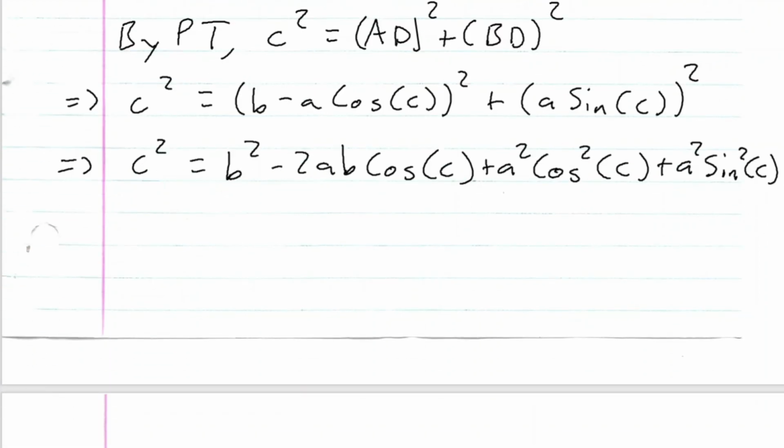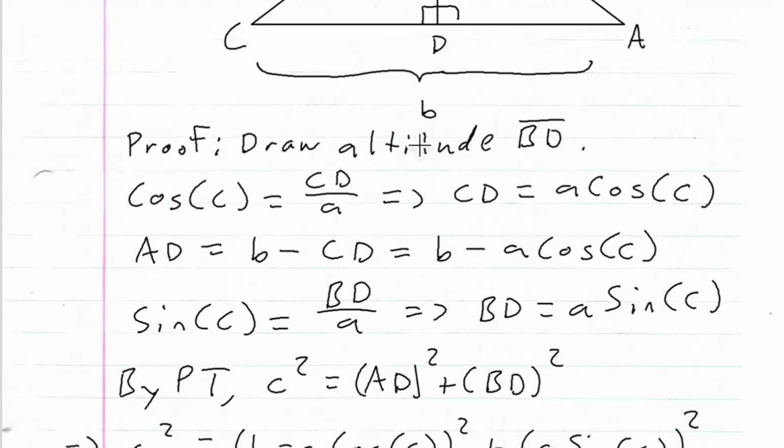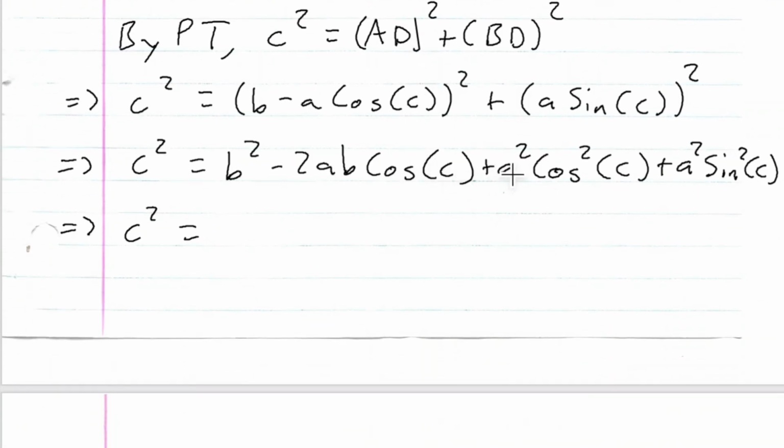Okay, so now this implies that c squared is equal to, so remember my formula that I want to prove, a squared plus b squared, right? I do have a squared and b squared, but a squared is attached to the cosine squared C, and a squared is attached to the sine squared C. But I know using the Pythagorean identity that sine squared plus cosine squared is 1, and I would get that a squared all by itself.